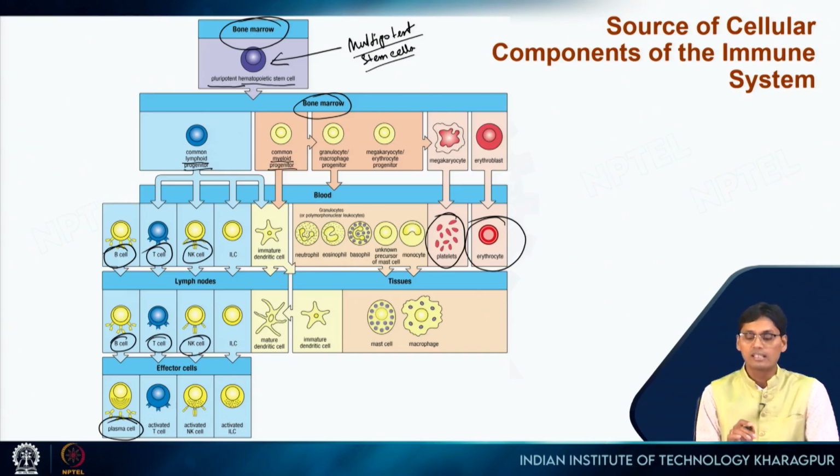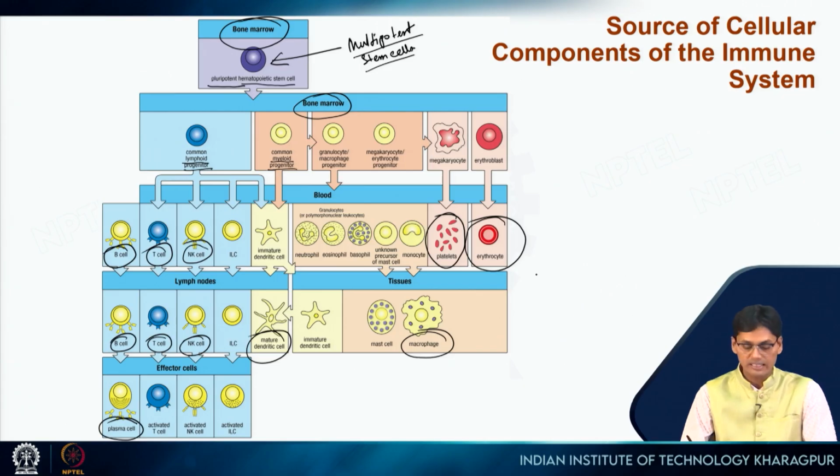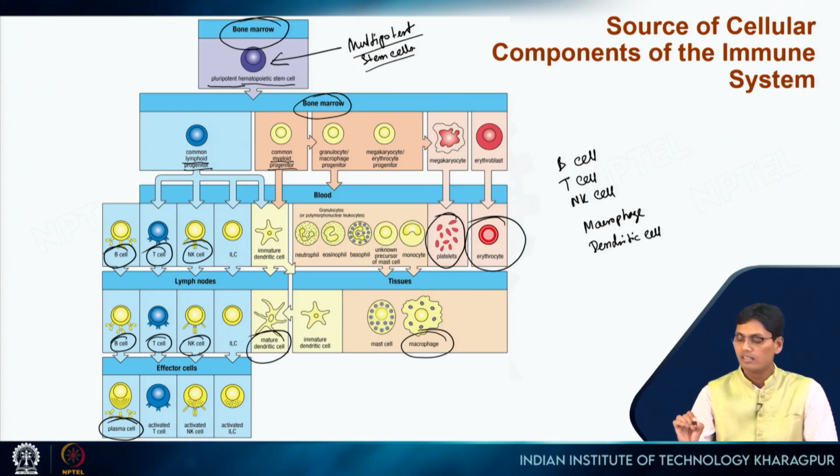In addition to that, we have to be very careful about these two cells also. They are also very important: macrophage and dendritic cells, right? So I am just summarizing here: B cell, T cell, NK cell, macrophage and dendritic cell.